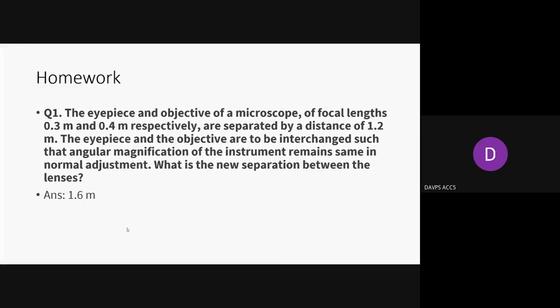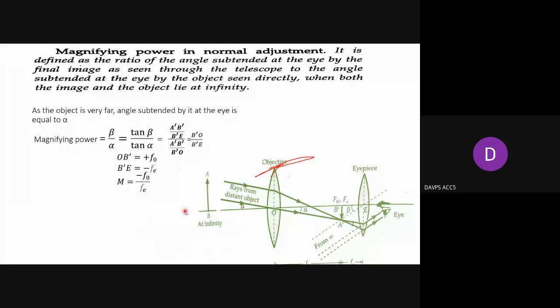One thing I would like to tell you here. In the case of normal vision, what is the length of the tube? The length of the tube will be considered from objective lens to eye lens. So here you are getting F naught, and here is Fe. So L, the length of the tube, is F naught plus Fe.